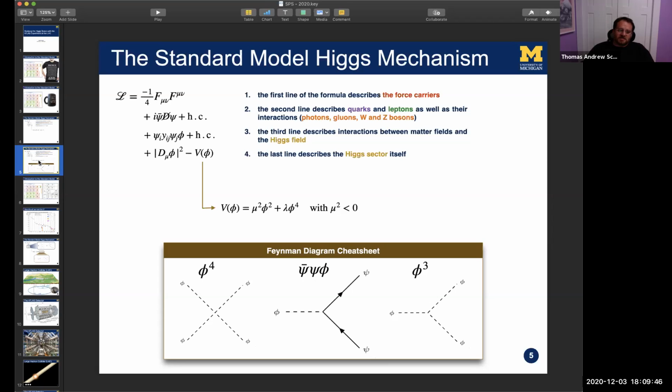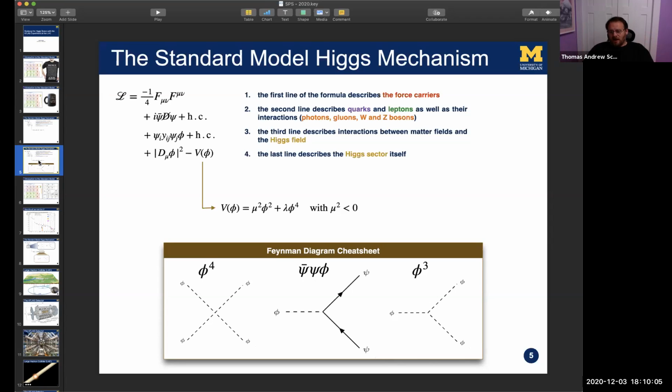And that corresponds to 2 scalar fields interacting and producing 2 more scalar fields. Similarly, in the middle, you have 2 fermionic fields interacting with a scalar field. So this is like a Higgs decaying to a couple of quarks.